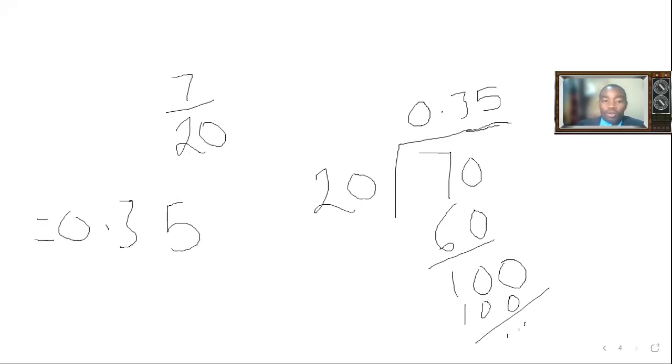So you can also have another example. Suppose you have 3 over 8, and you are told to convert this into a decimal.